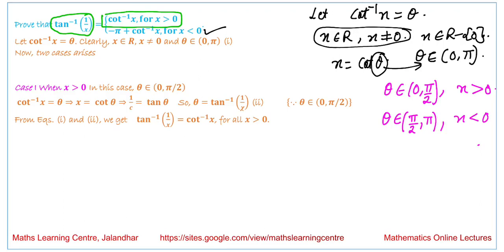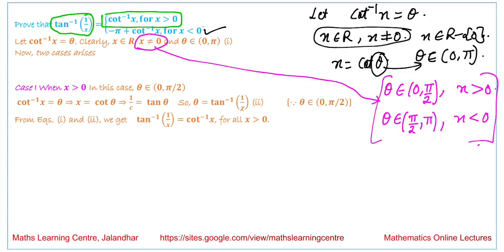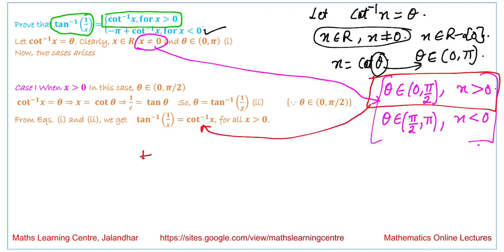We are not having the case x equal to 0 over here, so we are talking about two cases: when x is greater than 0 and second when x is less than 0. The case when x is greater than 0 we have already discussed in our previous slide, and we obtained the answer that tan inverse of 1 by x is equal to cot inverse of x for all x greater than 0.